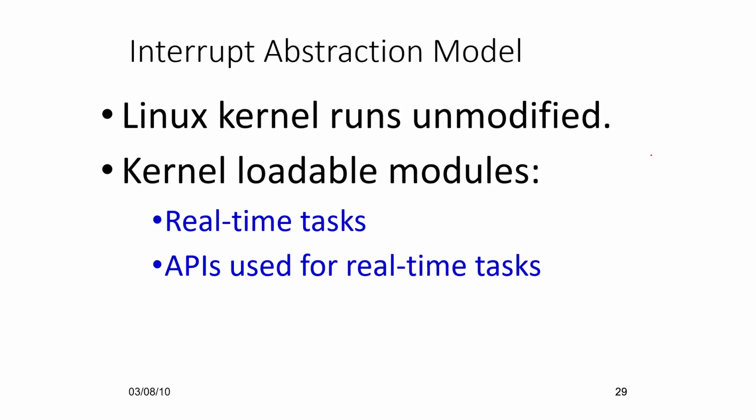We have these thin layers which either could be a virtual machine below the kernel, that is option one, or the other is that we could load these loadable modules in the kernel which are basically real-time tasks and APIs which fundamentally change the behavior of the kernel in the sense that they remap the interrupt tables, they enforce a priority of interrupts, decide what to do with each interrupt. So this entire policy, if the kernel does allow, can be coded into a loadable module and loaded at runtime.